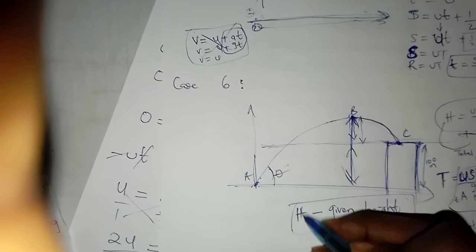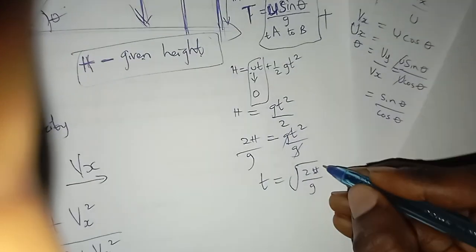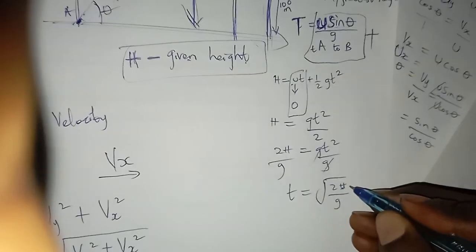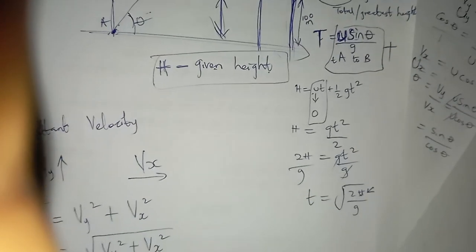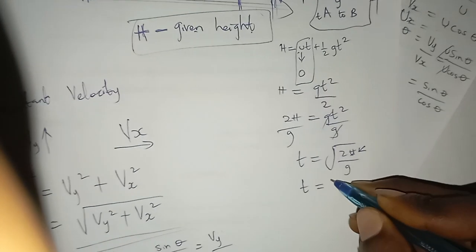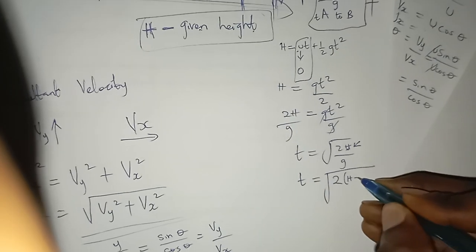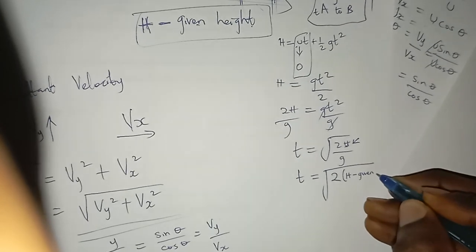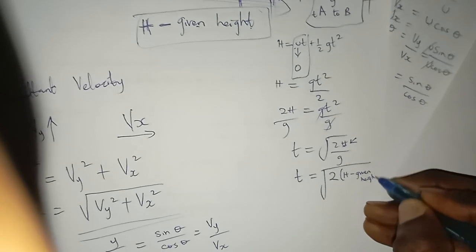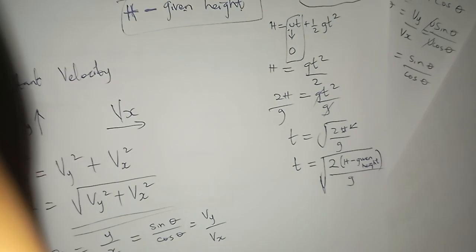You do maximum height minus the given height. Whatever measurements you get for the height, that is what you put here. So the t that I will have here is simply root 2 of the h minus given height, all over g. That is what you use.